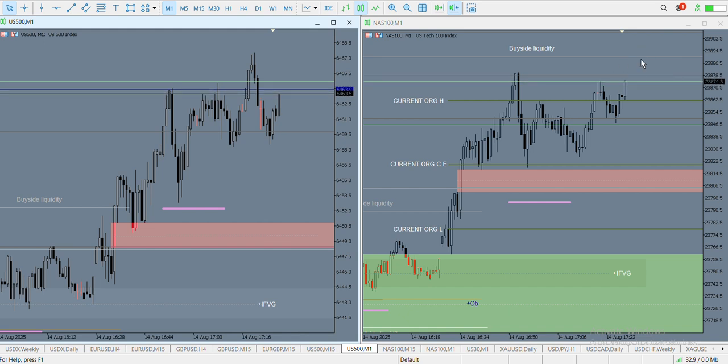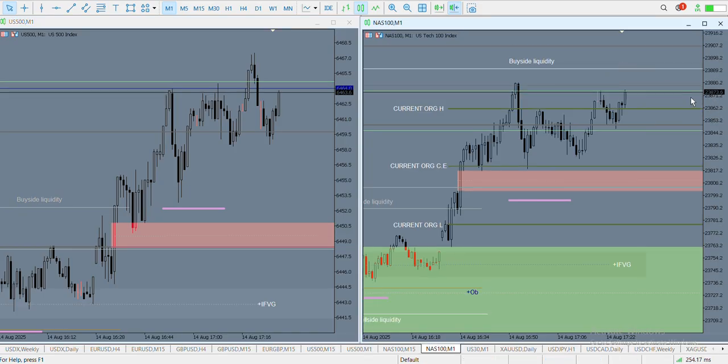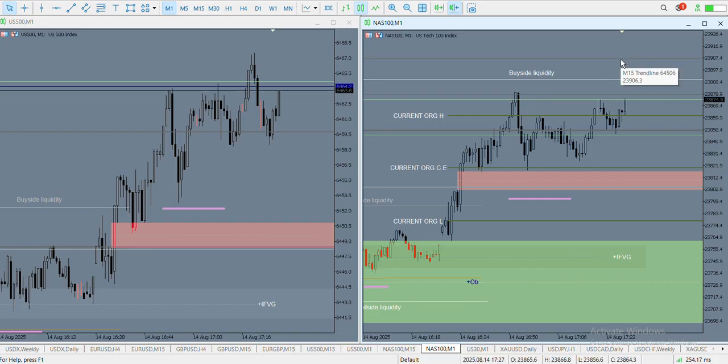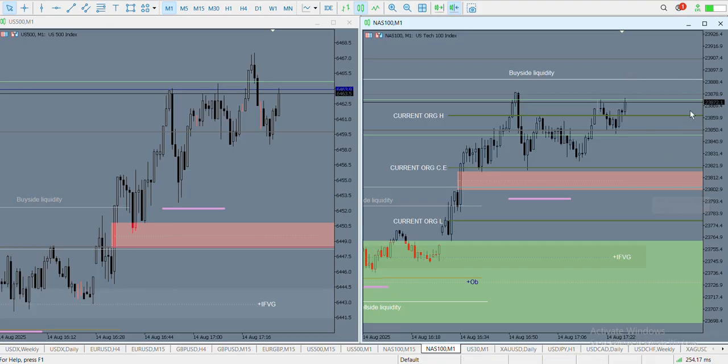So 23,890, I talked about this buy side. That's what we're going to head into, and then we'll see whether we get into yesterday's mid gap, that is 23,906.